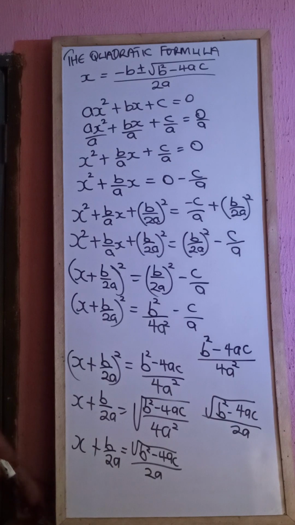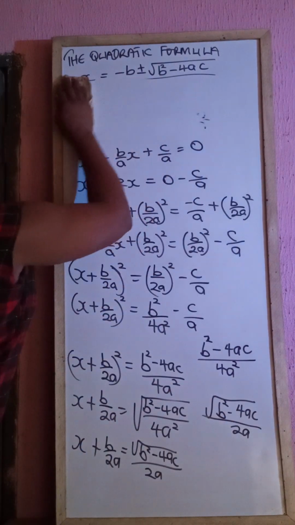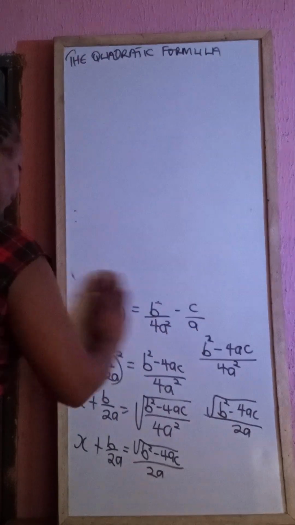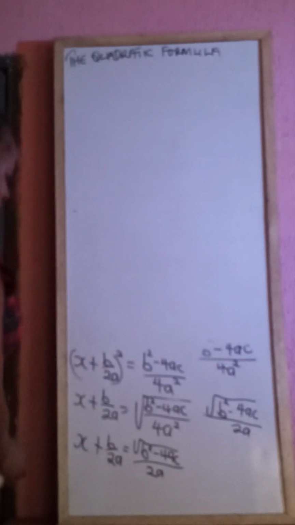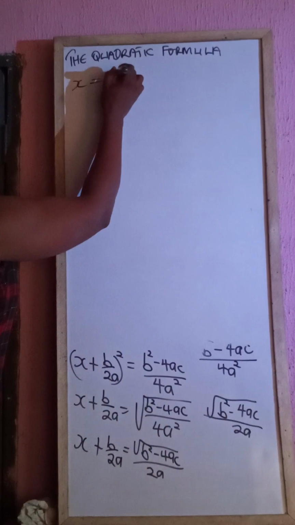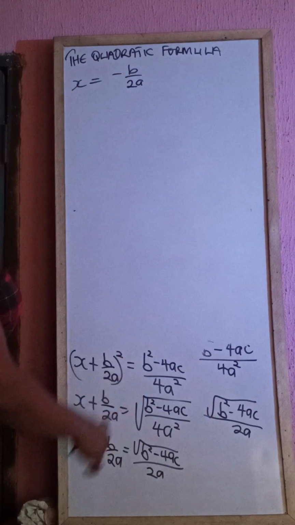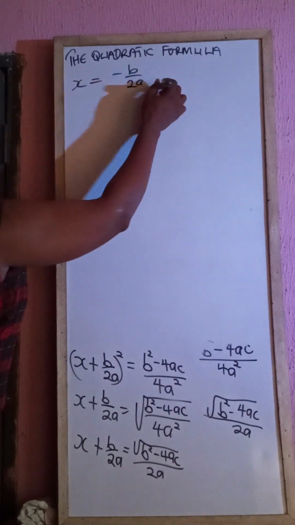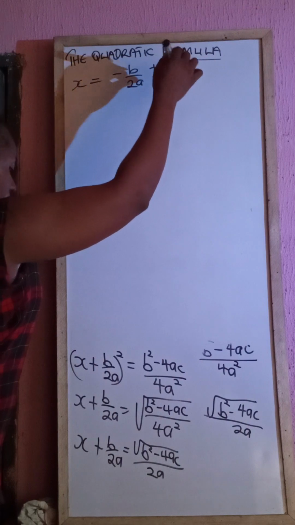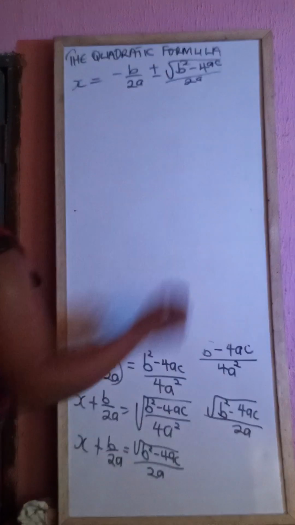Then we are also going to move this one to the right hand side, solving for x now, so that x will stand alone. So x is now going to be, this one will cross over to become minus b over 2a, plus or minus the square root of b squared minus 4ac over 2a.